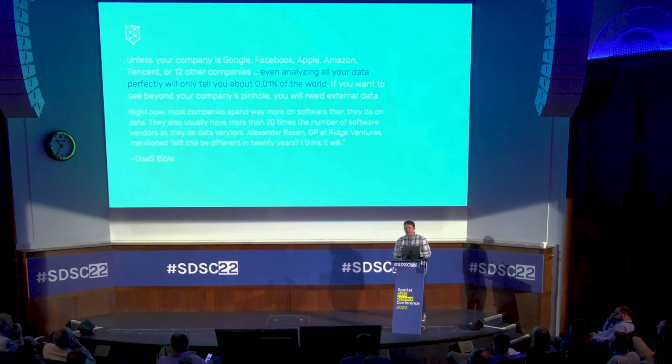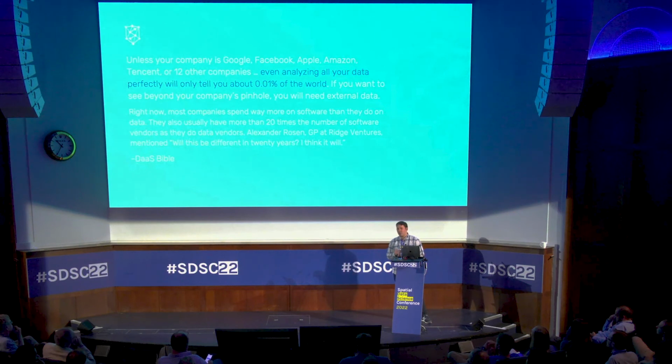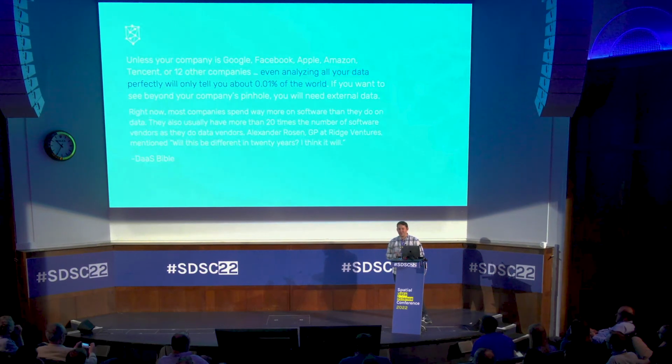This is a quote that we've got up on the slide here, but we think that, of course, working within your own walls and data sets within your own walls is a super meaningful way to drive the right inputs. But in order to truly drive the right outputs, it will require bringing in additional data sets. And I know many of us here, we're all sitting here at SDSC, focusing on all the cool data sets that are available for us to drive these decisions.